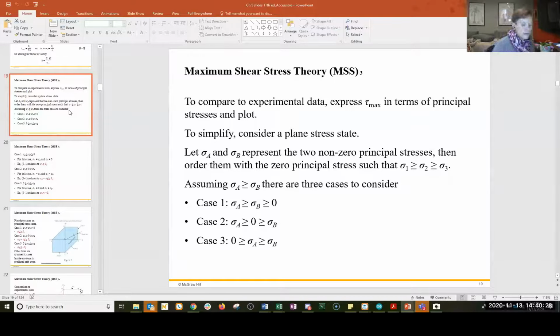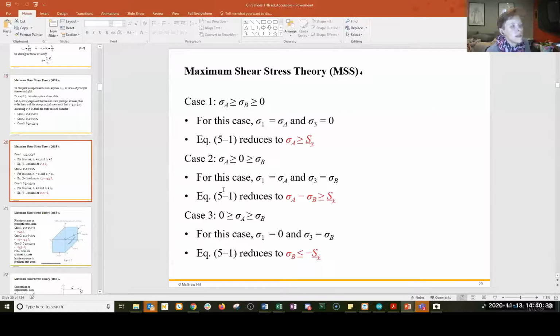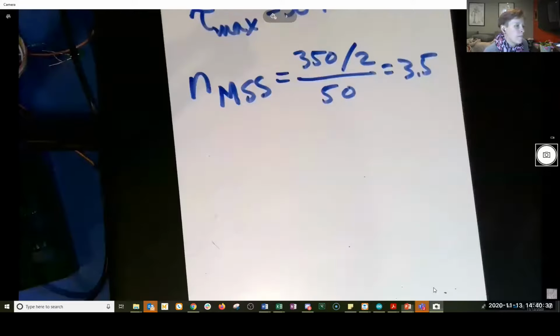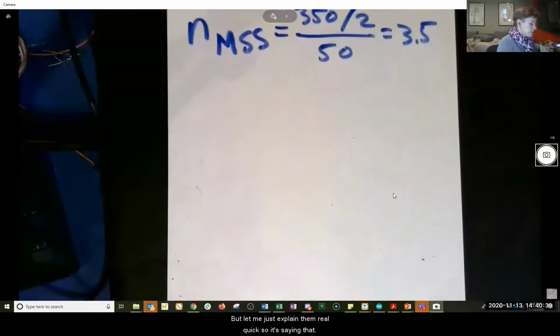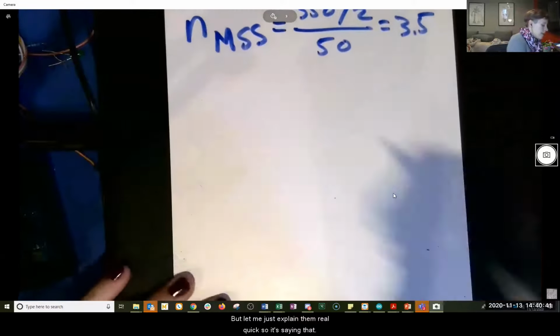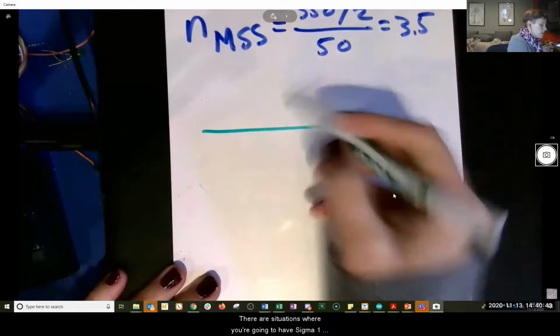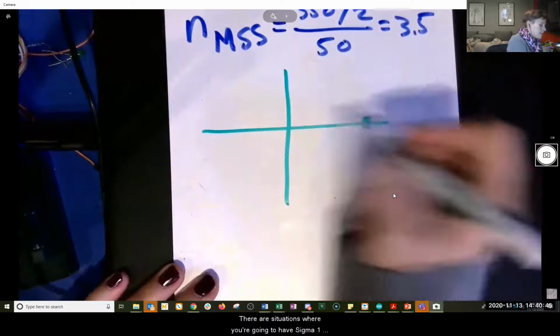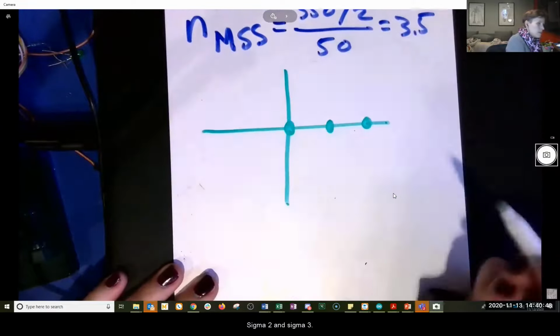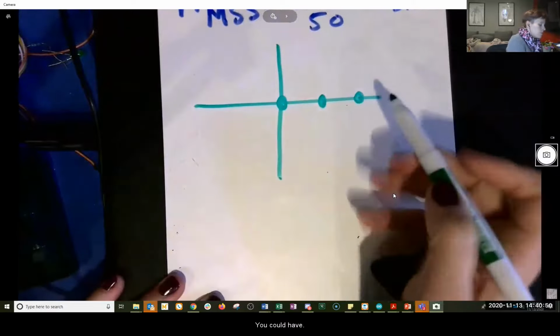Oh, yeah, no, it's just stating that if you use your brain, you don't need these cases, but let me just explain them real quick. It's saying that there are situations where you're going to have sigma 1, sigma 2, and sigma 3.